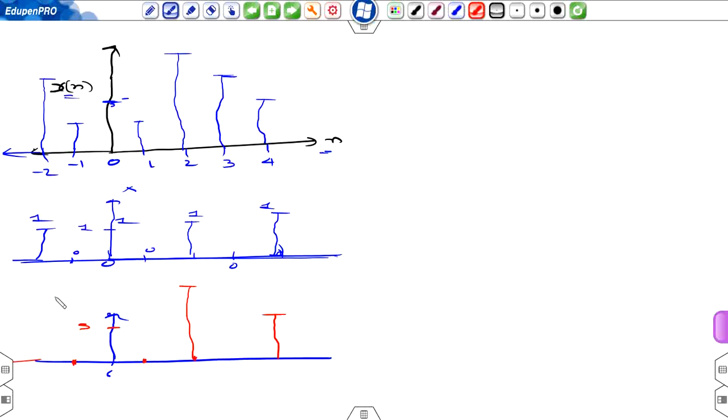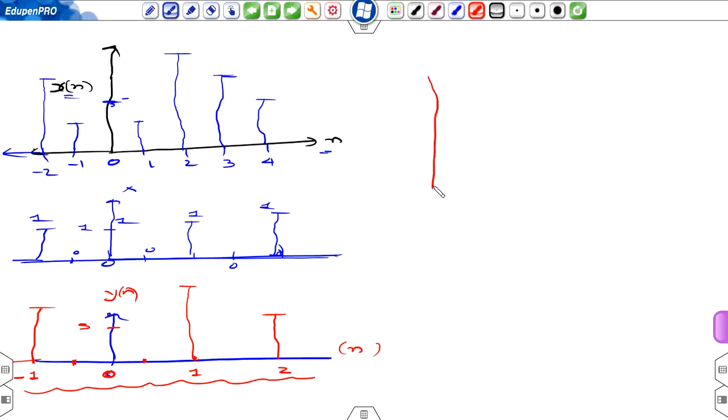And at this point the value will be 0. At this point 1 into 7, the value will be 7. Okay, so this will be 0, this will be 1 with respect to y, this will be 2, this will be -1. These are the instances with respect to y.